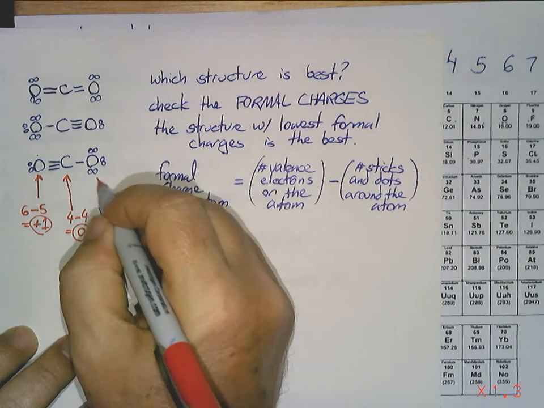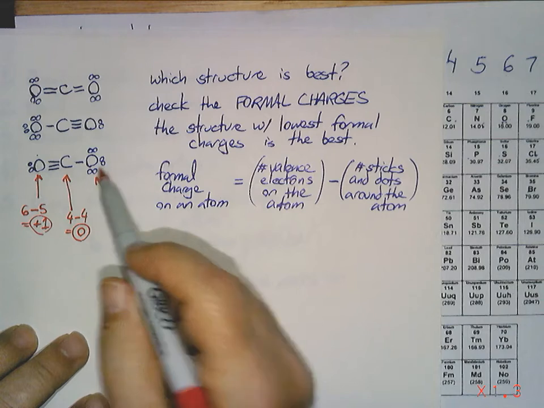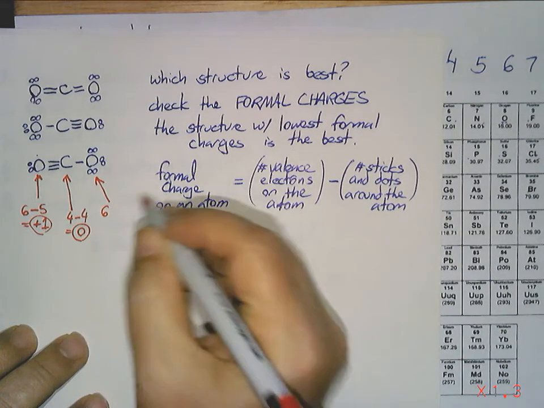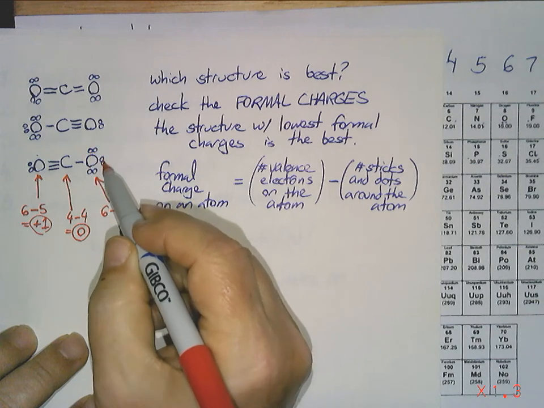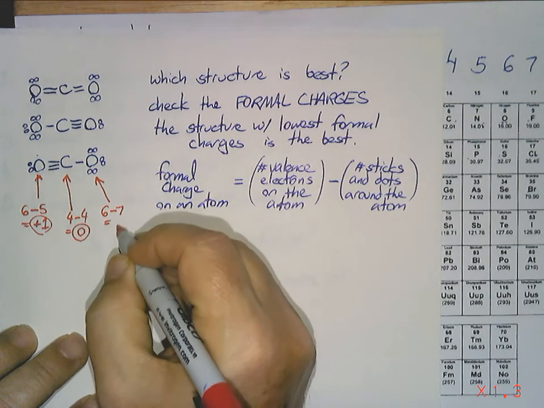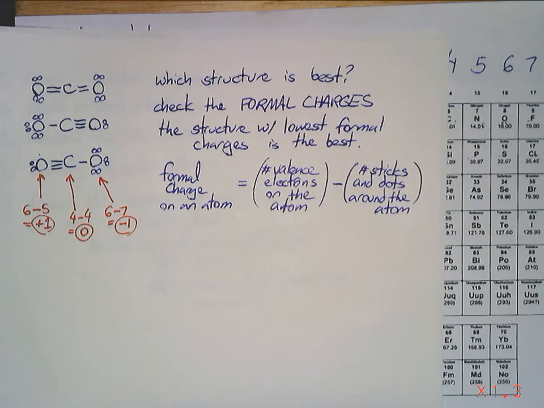Now let's do this oxygen. Oxygen has 6 valence electrons, so we say 6 minus how many sticks and dots? 1, 2, 3, 4, 5, 6, 7, which equals minus 1. Now, I've assigned all the formal charges there.